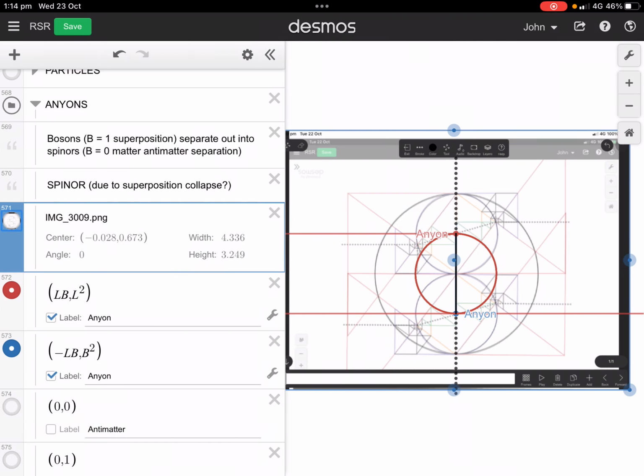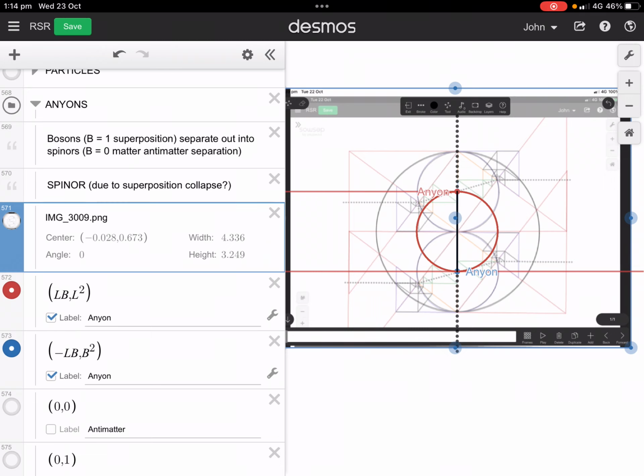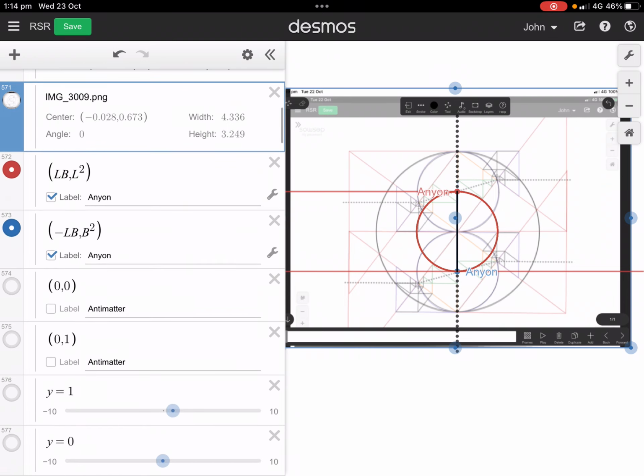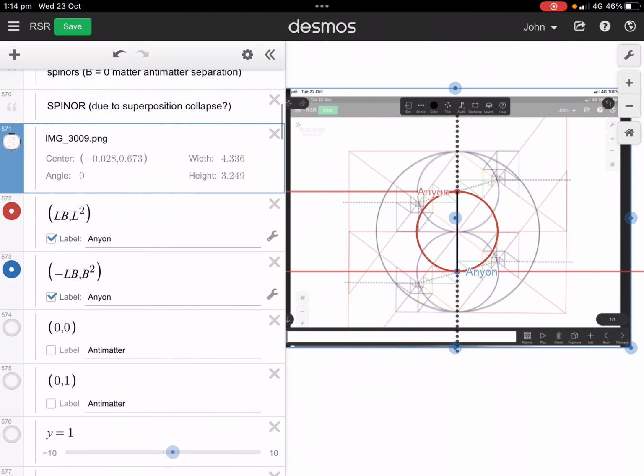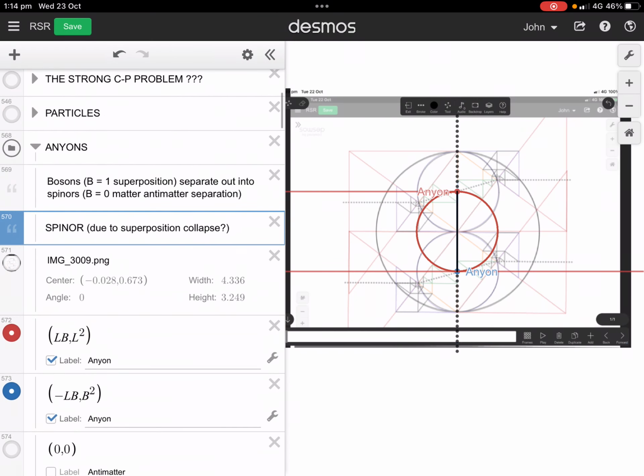That one is a picture of a spinor, and so that superposition is just separated out. Yeah, due to superposition collapse, I've put there matter-antimatter separation.